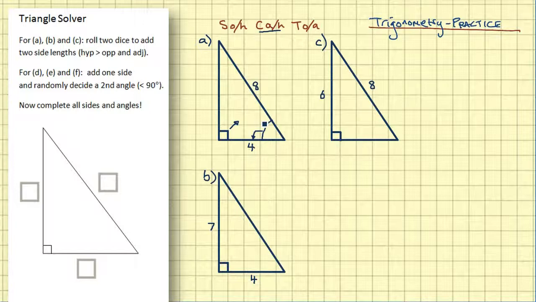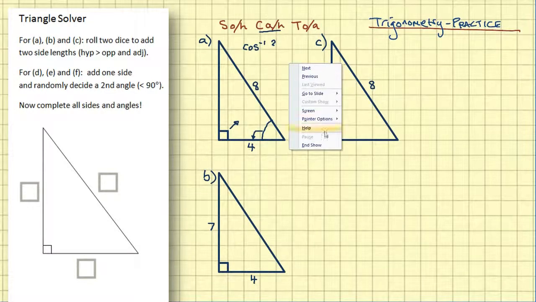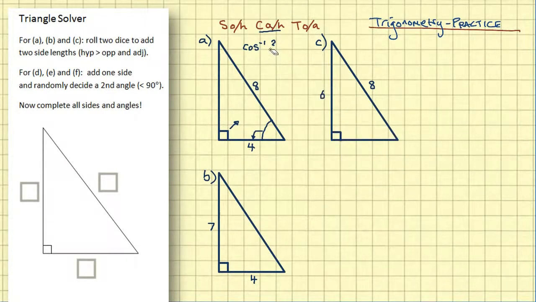So 4 over 8, let's just write inverse cosine of 4/8. Well, 4/8 is 2/4, and 2/4 is 1/2. Okay, so let's just write 1/2. So inverse cosine of 1/2 is going to give me what?